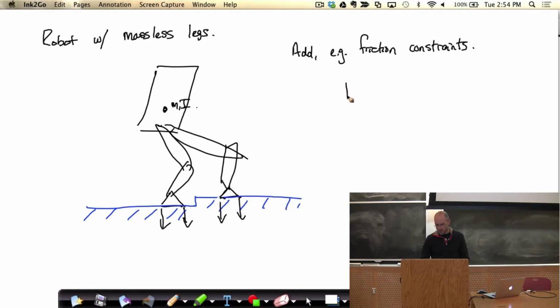So for instance, maybe the magnitude of my forces parallel to the ground has to be less than or equal to the normal force perpendicular to the ground. So this would be a simple model of friction, a friction cone.